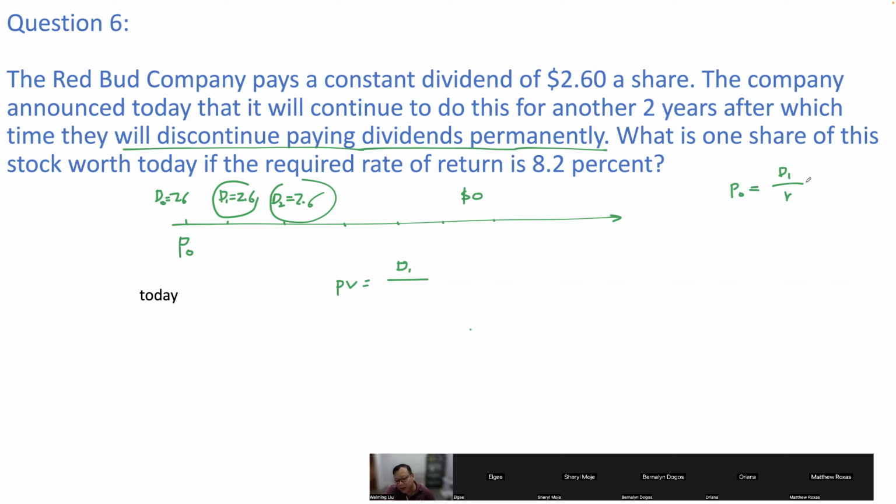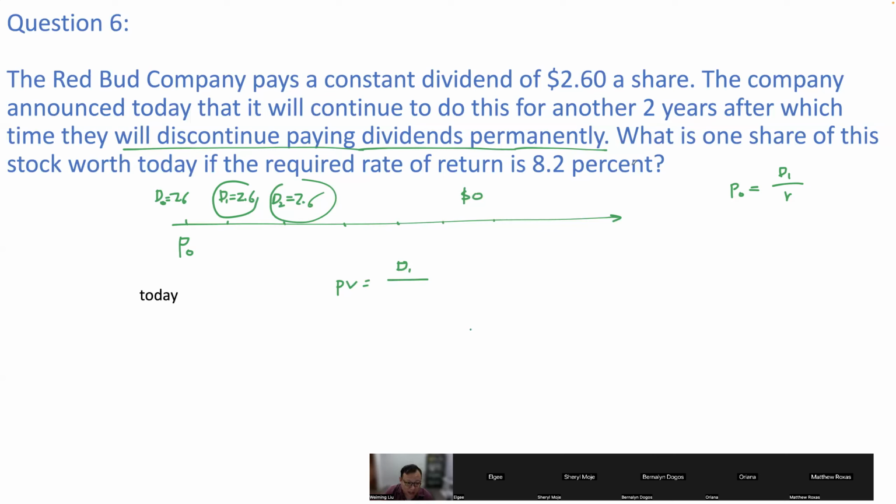But in this case, obviously, there are only 2 cash payments. It's only for 2 years. So you cannot use this. Make sure you are not confused between the present value of a sequence of cash payments versus the present value of one cash payment.